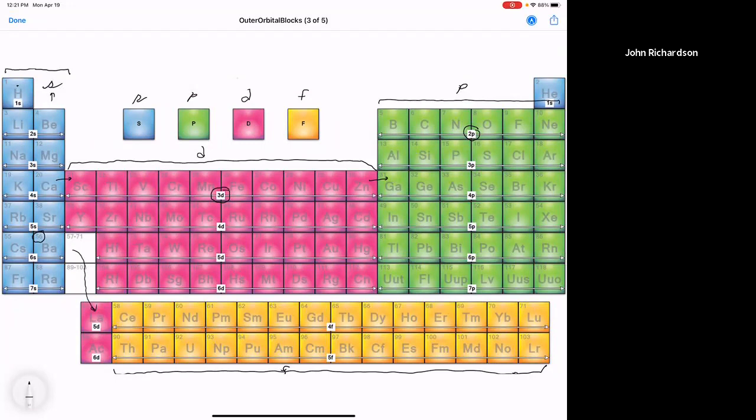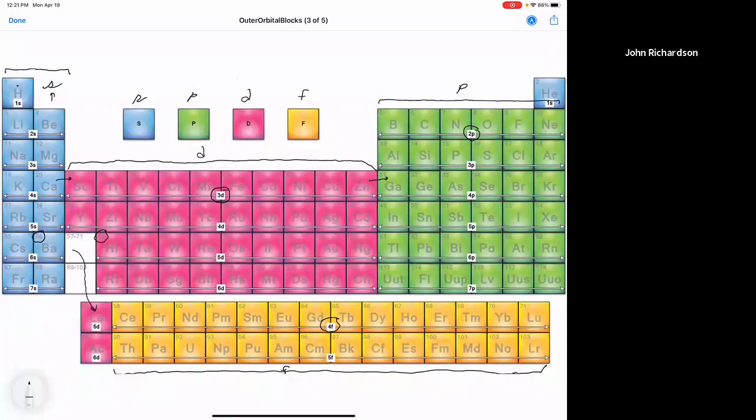Element 58 starts your F block, so cerium would be a 4f1. When you get to element 71, lutetium, you go back up to element 72, which is hafnium. You start refilling the 5ds, and then you go to the 6ps and get it from there.